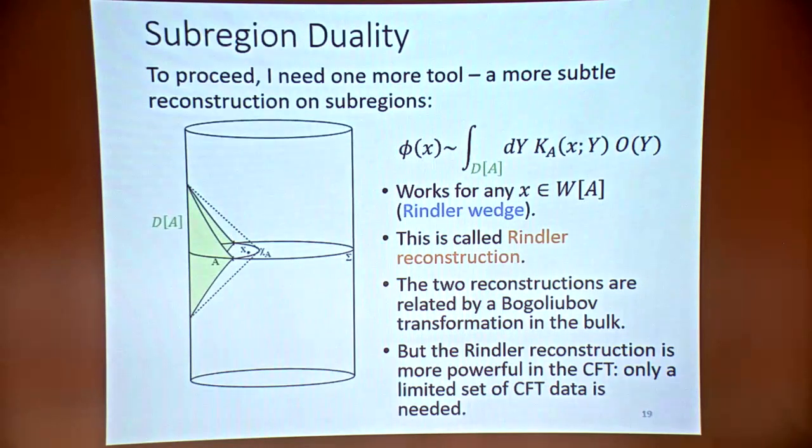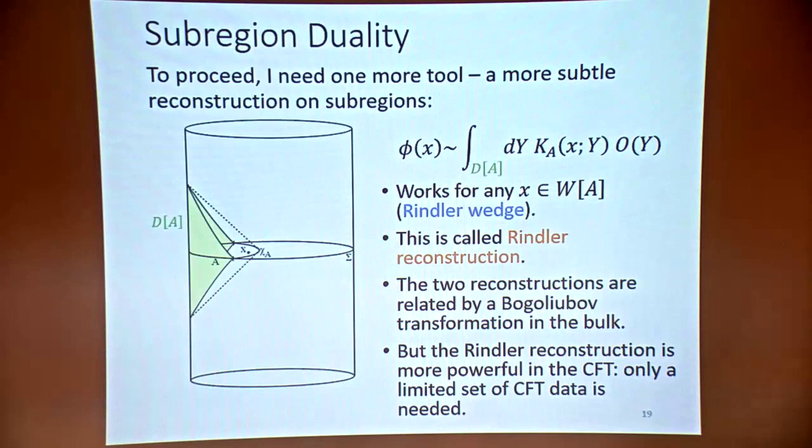This is because we might, for example, use this kind of relation for computing correlation functions of phi. And then we translate that correlation function into a calculation of correlation function of local operators in the CFT. If we do it in the Rindler reconstruction, then all we need to know is the CFT state on the region A. We don't need to know the global wave function everywhere.